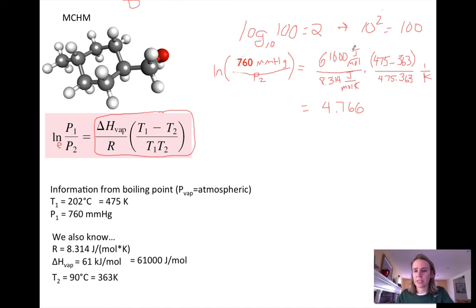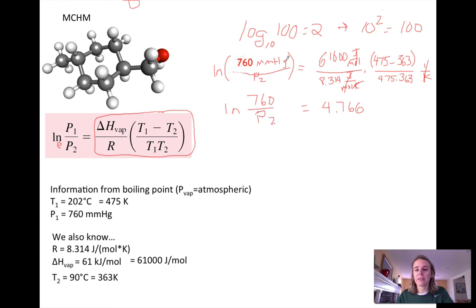The units, we said joules per mole is going to cancel out. The Kelvins are going to cancel out too, because since this Kelvin is on the bottom of the fraction bar, it's essentially on the top. And so we're left with the natural log of 760 over P2 is equal to 4.766.